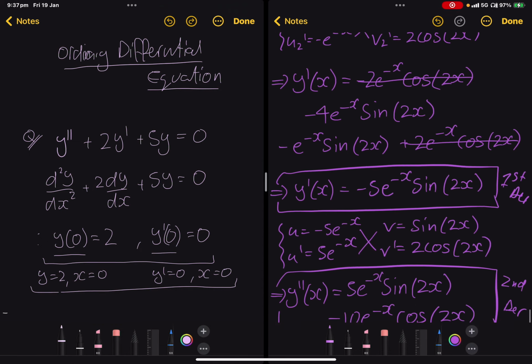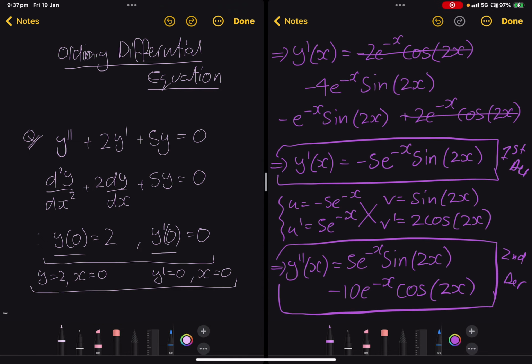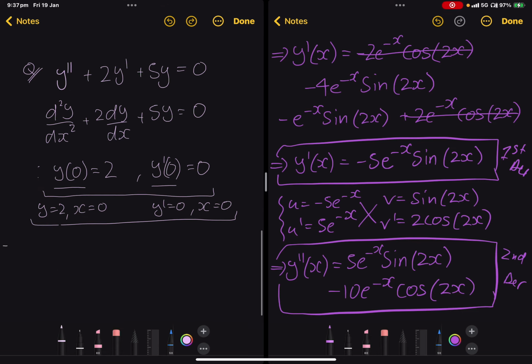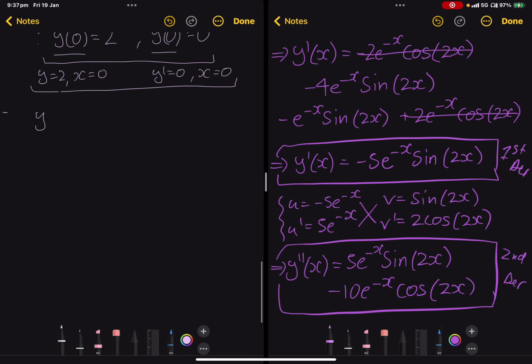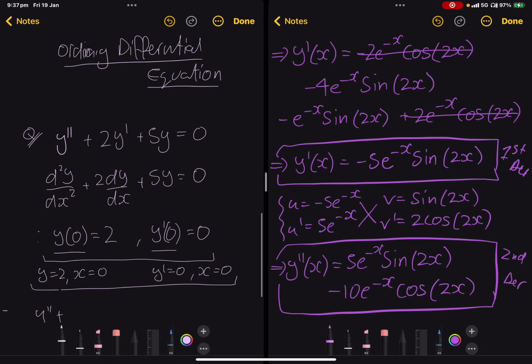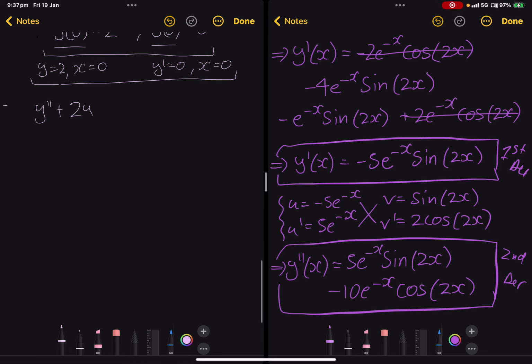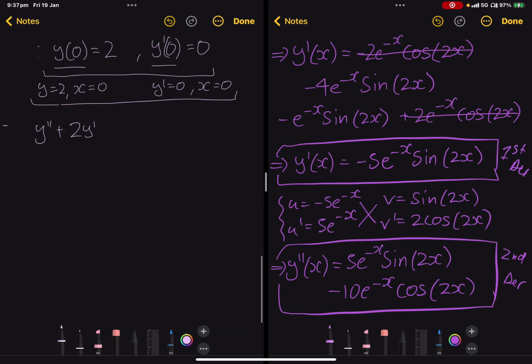So this is our function up here. These are our two derivatives. Now we have to plug everything in. So we'll do this over on this side. So we have y double prime plus 2y prime plus 5y equals 0.